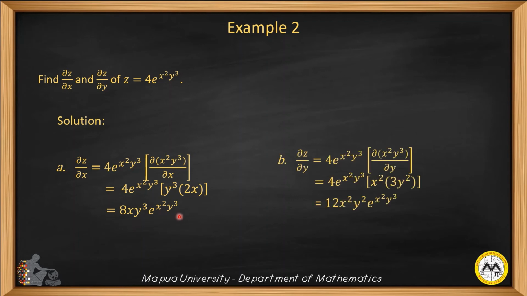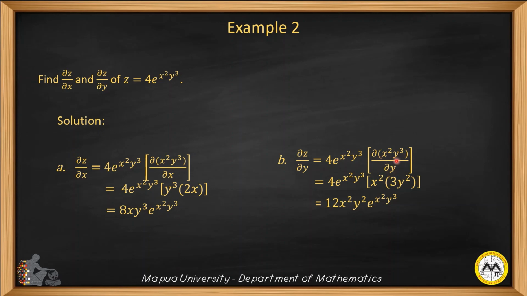Now, as to what the partial derivative of z with respect to y is, we will be differentiating z, which is 4e to the x squared y cubed, with respect to y, holding x constant. Hence, the derivative is given by 4 times e to the x squared y cubed times the partial derivative of the exponent x squared y cubed with respect to y.